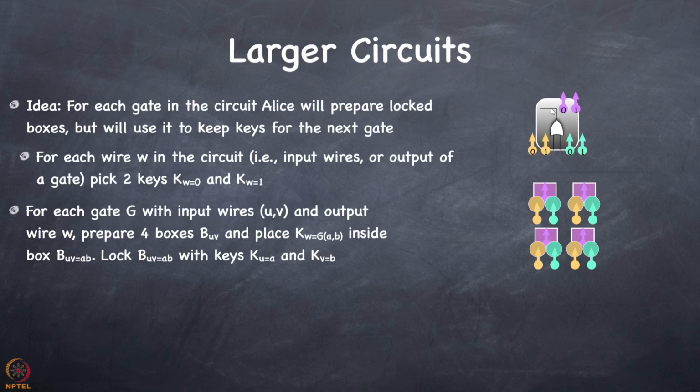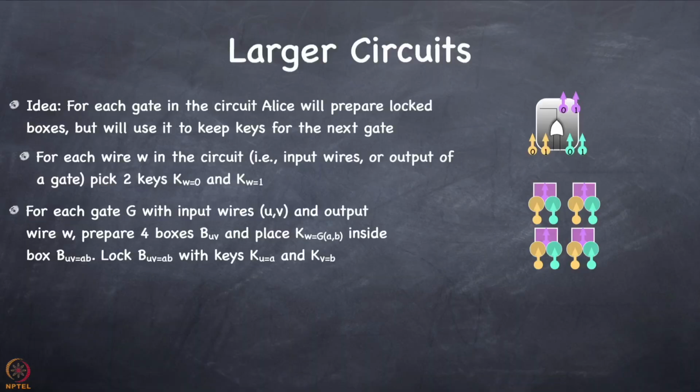Concretely, say there's an OR gate. For the box uv equal to 0, 0, you will put k_w equal to 0. And for the box uv equal to 0, 1, you will put k_w equal to 1, the key labeled as w equal to 1.